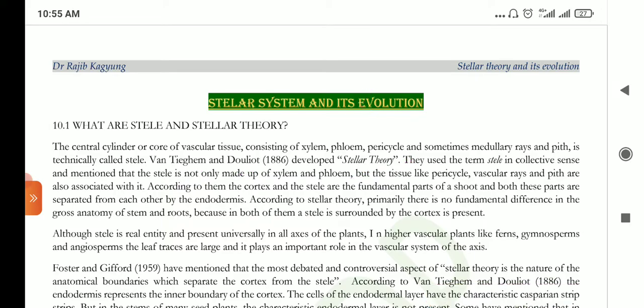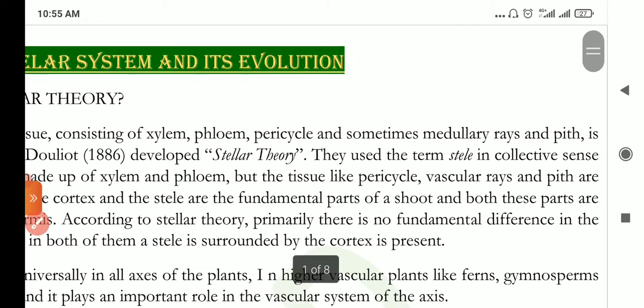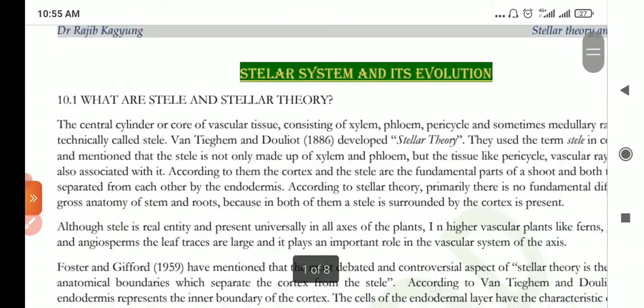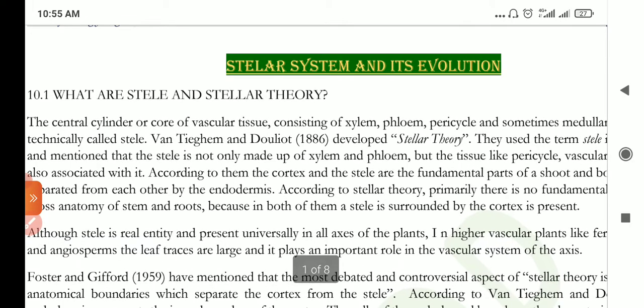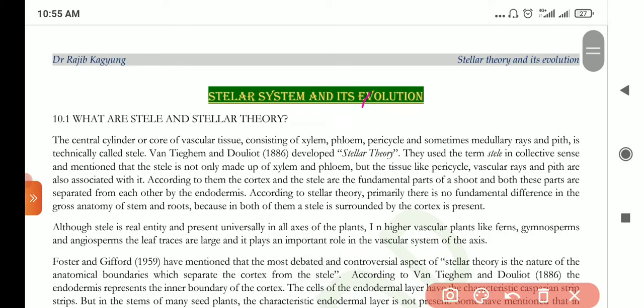Can I zoom it? Okay, I think that's better. They use the term stele in a collective sense. If I zoom also, I cannot read the whole sentence. So they use the term stele in a collective sense and mention that the stele is not only made up of xylem and phloem, but other tissues such as the pericycle, the vascular rays, and pith are also associated with it.